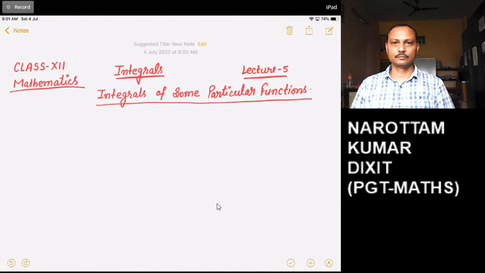Yes. So there are some functions whose integral is, first one is integration of 1 upon x square minus a square is equals to 1 upon 2a log of mod of x minus a upon x plus a.